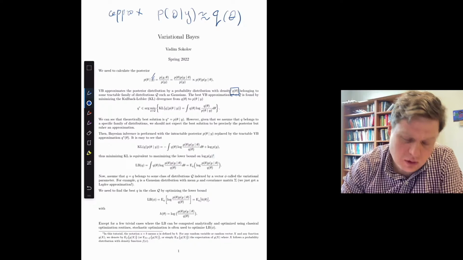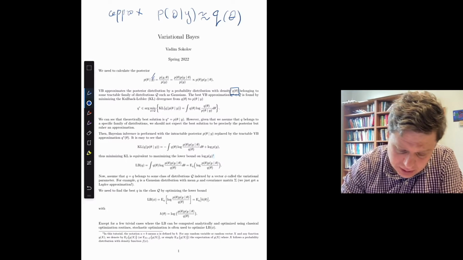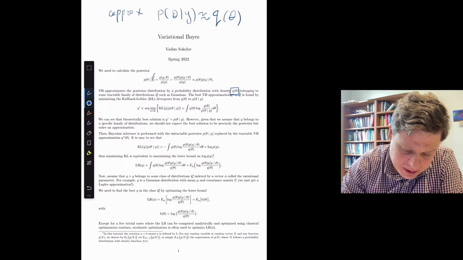And the way we're going to calculate this approximation is we're going to pick a family of distributions.